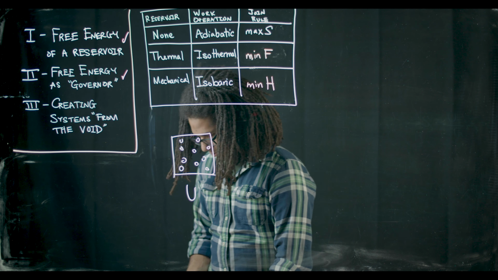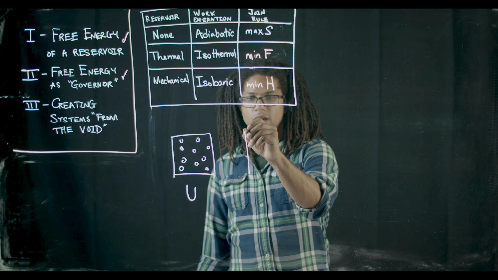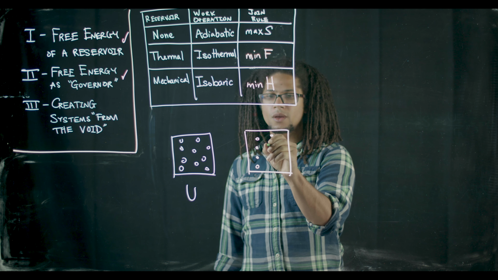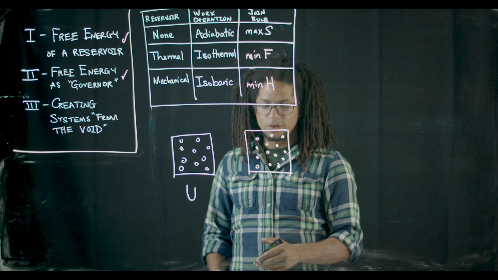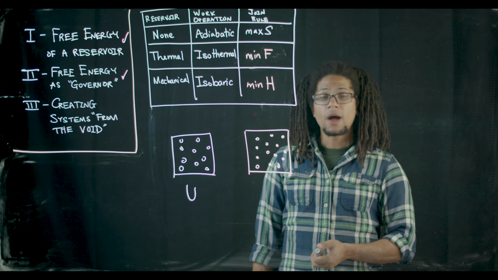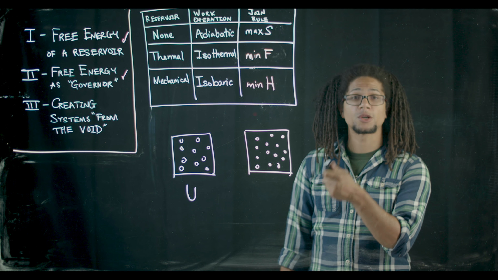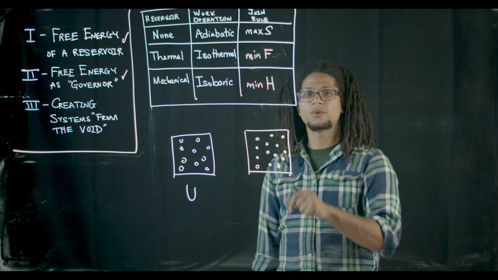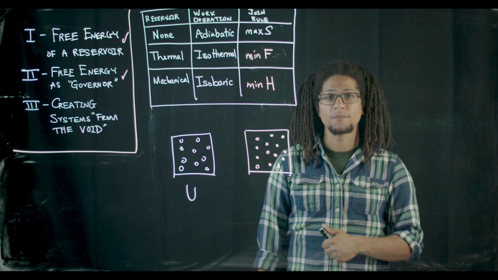Let's think of a second example. In this one, we're going to create a box of gas once again, and we'll do it in an environment with negligible pressure, but with some temperature. The reason that the temperature is important is that whatever spatial region we're now going to be filling with this box of gas has some thermal energy in it already.